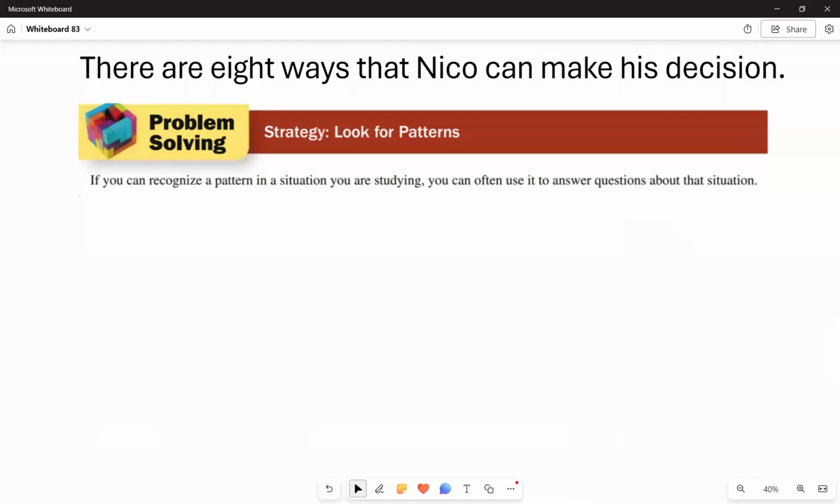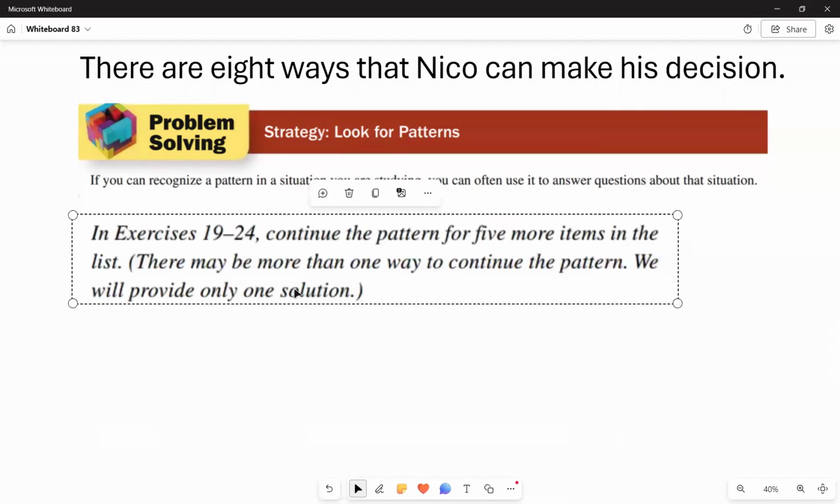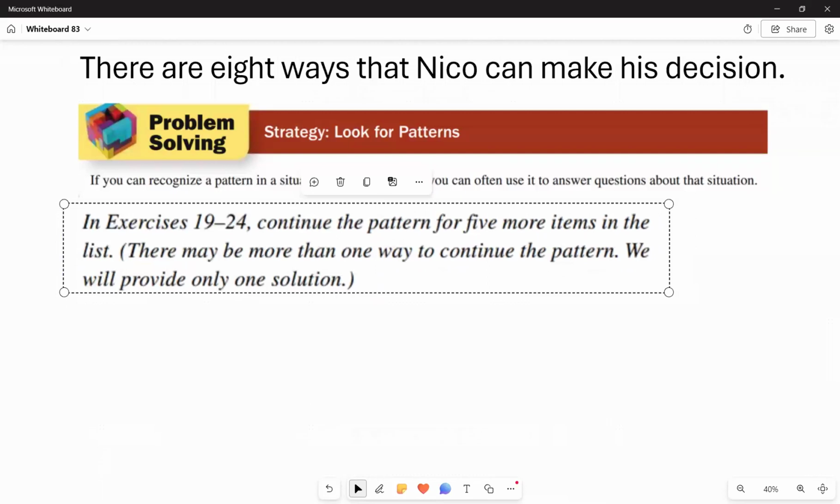And here they are. I'll copy the directions. These are the problems at the end, and I'm going to write down the page number. We're doing number 20 and 21.